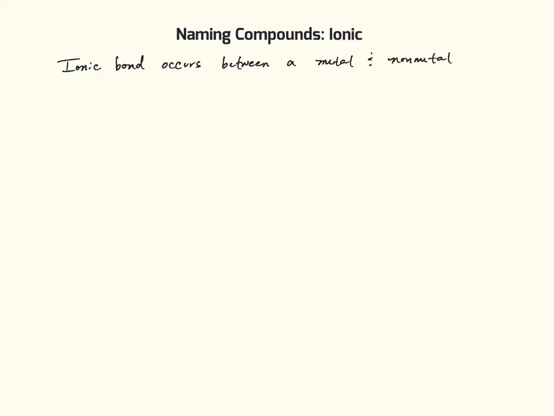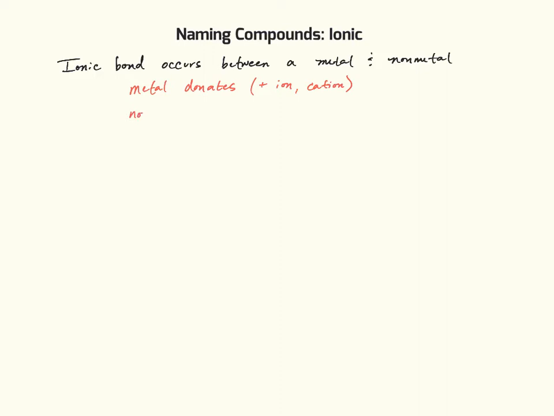Another really important thing here with ionic bonds is that there is a transfer of electrons going on. So typically the metal donates and it becomes a positive ion, otherwise known as a cation.